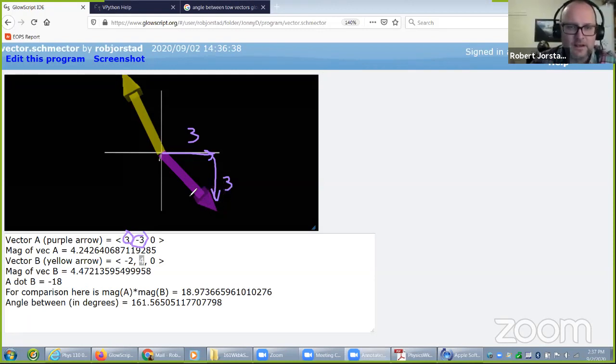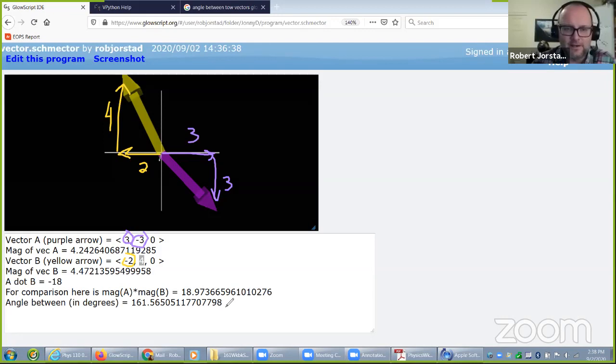Now over here, what do we have? 2 to the left. So that's 2. That's this number right here. 2 to the left. That's the arrowhead for the negative. And then we've got 4 upwards. So that's 4 upwards. That's that vector.